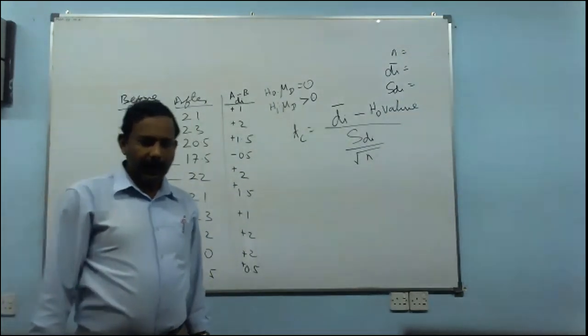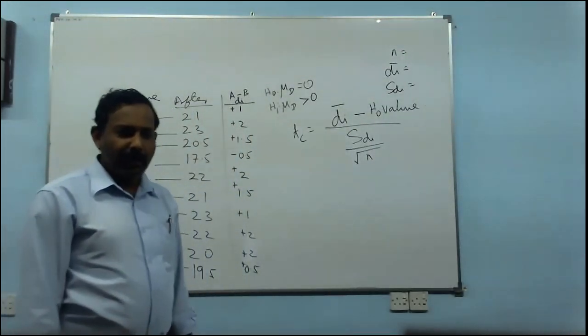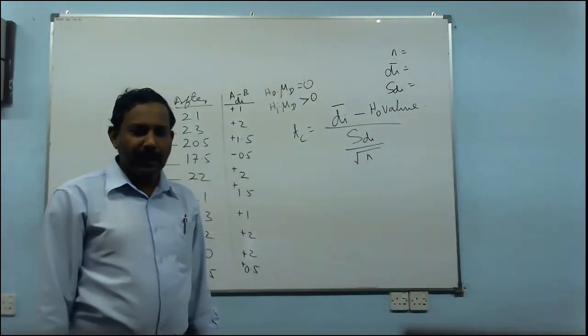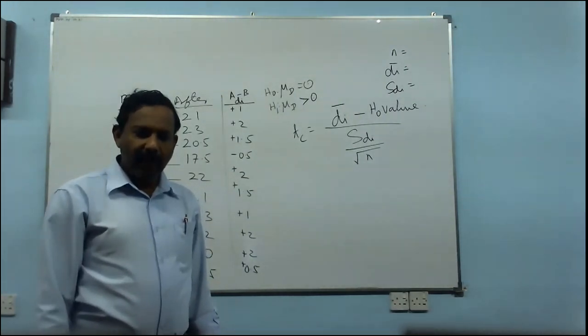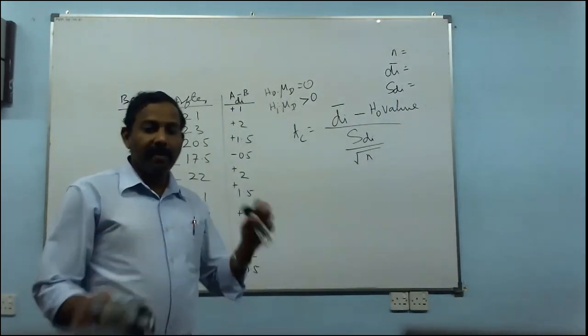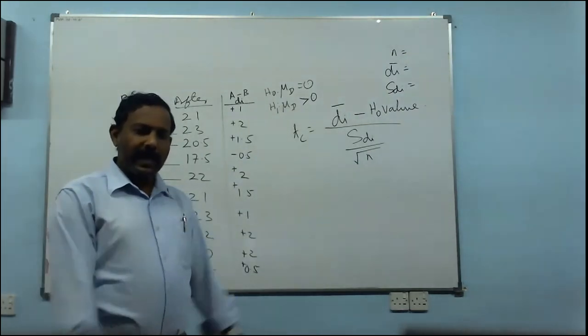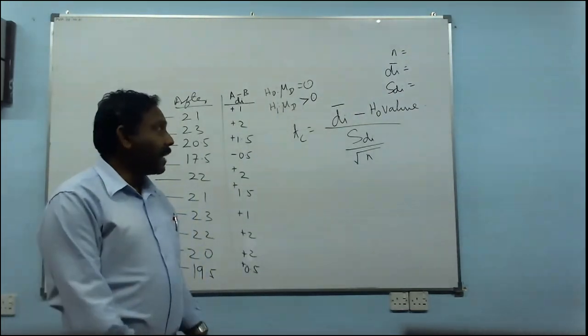Any questions? Absolute values? No, do not use absolute values. Here there is nothing called absolute value, because here we have negative and positive signs. So you do it as it is. So what is d bar?